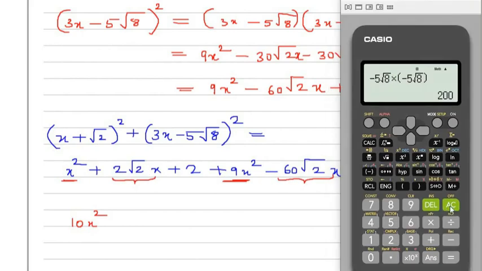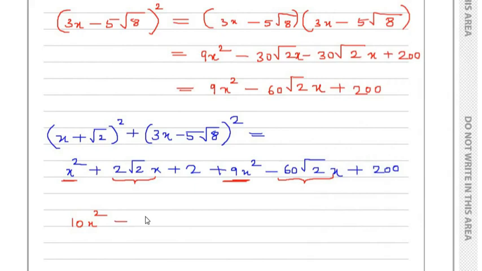So we can check it over here also, plus 2 root 2 and minus 60 root 2. So we get minus 58 root 2 x, and again we have plus 2 and plus 200. So we have it as plus 202.